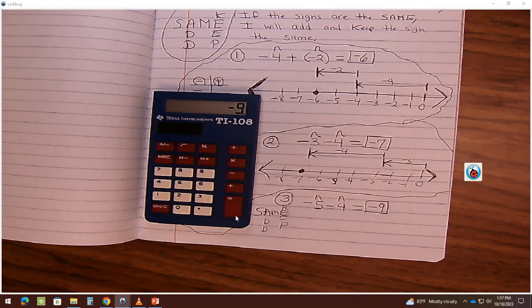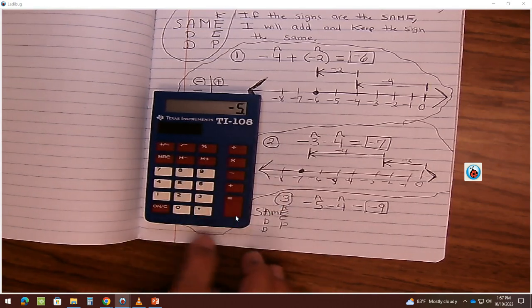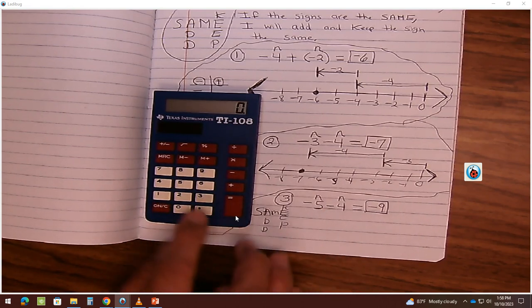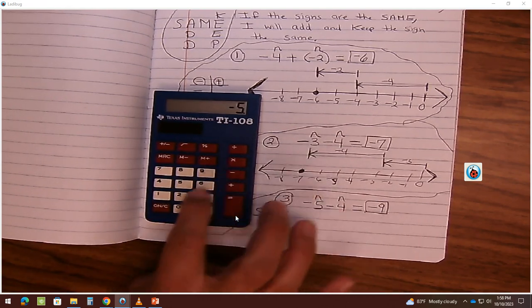What do we get? Now, what the calculator sometimes messes up in this one is they go 5 negative minus 4, and they put another negative. Now you have created a double negative, which is another rule, and it's going to give you another answer. So again, calculator kids, when there's a minus, we're going to do this. 5 negative, because that's a negative, minus 4.